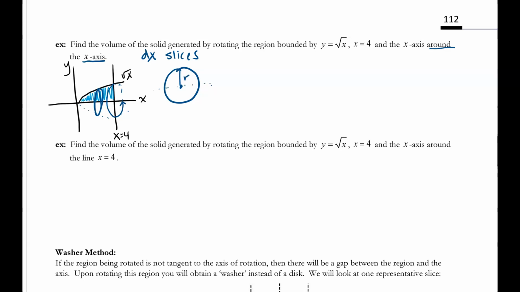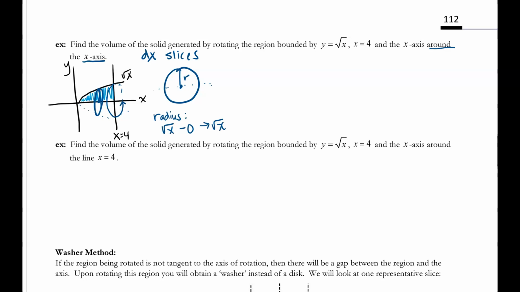So how long is my radius? Well, if I imagine from the x-axis up to the curve, my radius is just going to be the square root of x. But we should really think of it, as we've been discussing in previous examples, as top minus bottom. So my radius is going to be the top function, the square root of x, minus the bottom function, and that's y equals 0, so minus 0. Therefore, my radius is the square root of x.